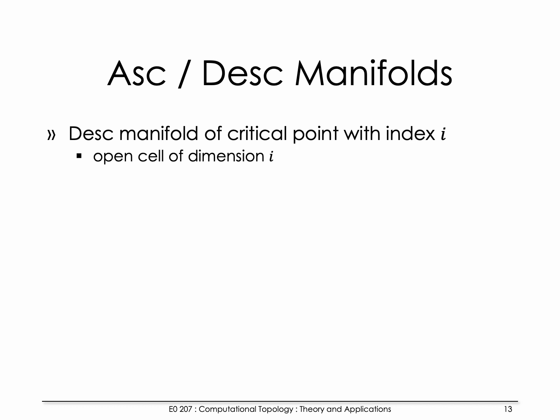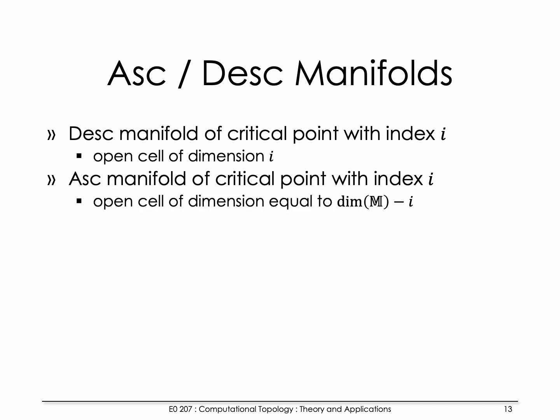So in the terrain case, the descending manifold of a maximum, which has index 2, right, is two-dimensional. The ascending manifold of a critical point with index i, on the other hand, is an open cell whose dimension is the dimension of the manifold minus i.